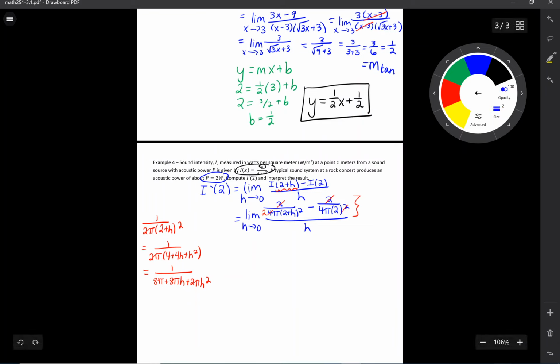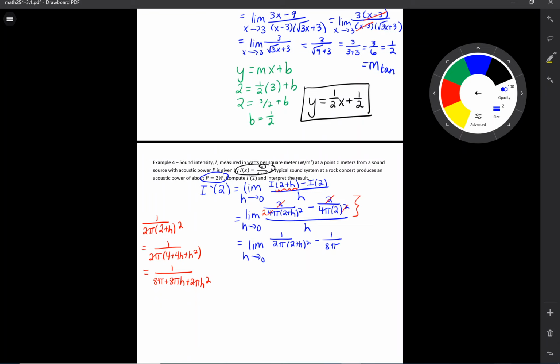So if I rewrite this, I have the limit as h goes to 0 of 1 over 2 pi times (2 plus h) squared, minus 1 over 8 pi. So I see that my common denominator should be 8 pi times (2 plus h) squared.